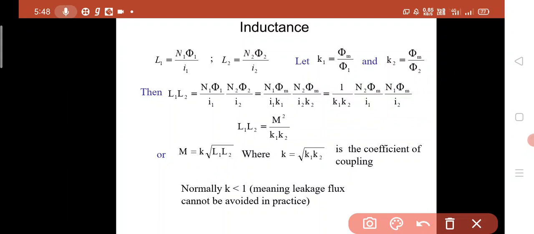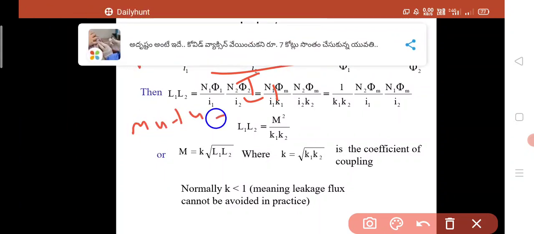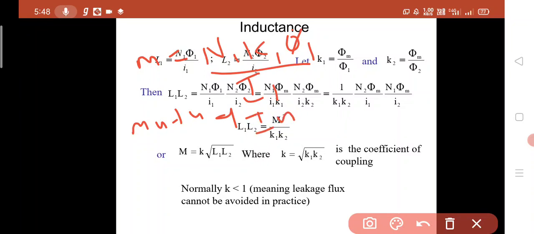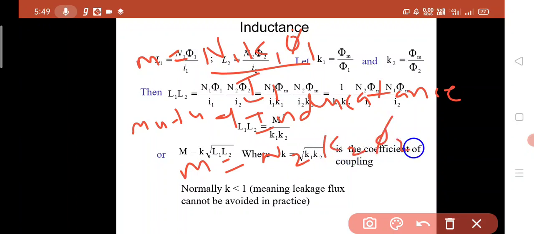Here is another method. We know that the mutual inductance M is equal to N1 K1 phi 1 by I1, and the mutual inductance M is also equal to N2 K2 phi 2 by I2.